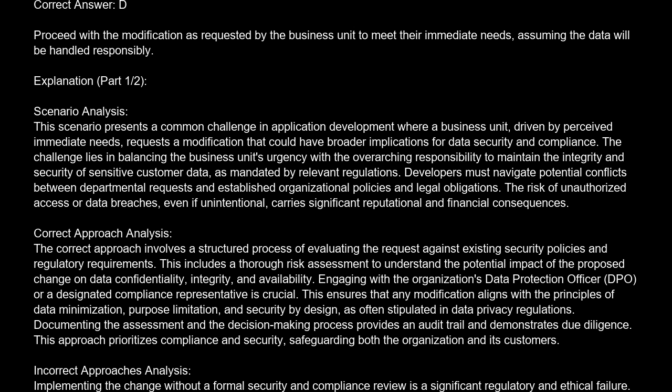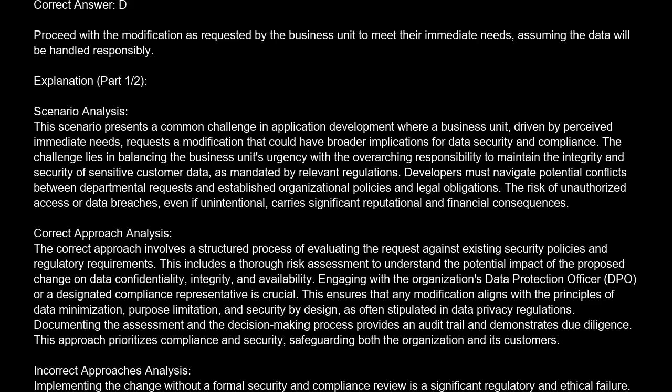Correct approach analysis. The correct approach involves a structured process of evaluating the request against existing security policies and regulatory requirements. This includes a thorough risk assessment to understand the potential impact of the proposed change on data confidentiality, integrity, and availability. Engaging with the organization's data protection officer, DPO, or a designated compliance representative is crucial.